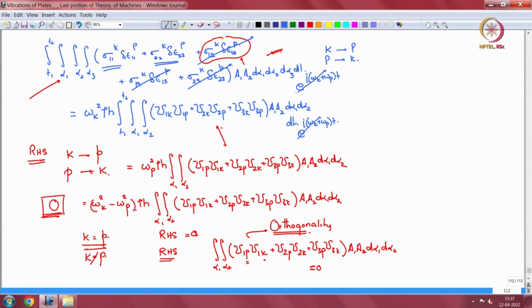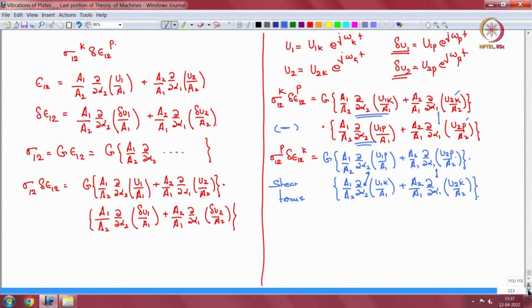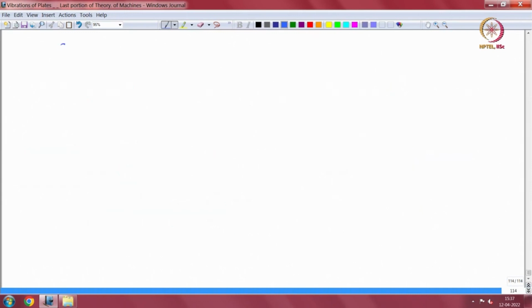So let us first write down epsilon 1 1 is equal to 1 by E, sigma 1 1 minus mu sigma 2 2, and epsilon 2 2 is equal to 1 over E, sigma 2 2 minus mu sigma 1 1.